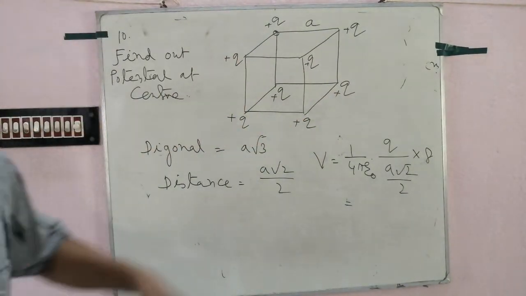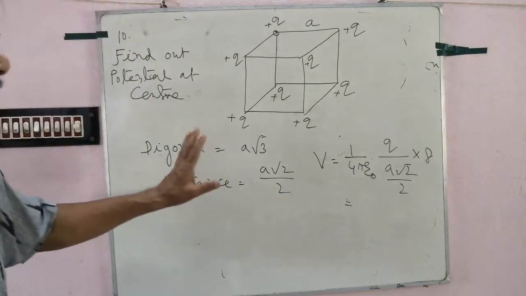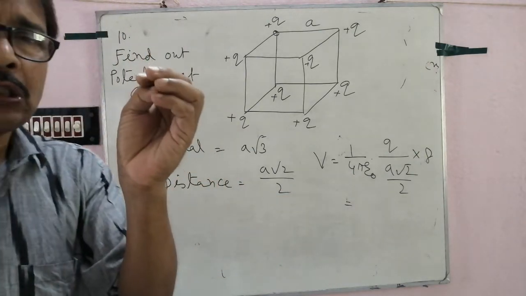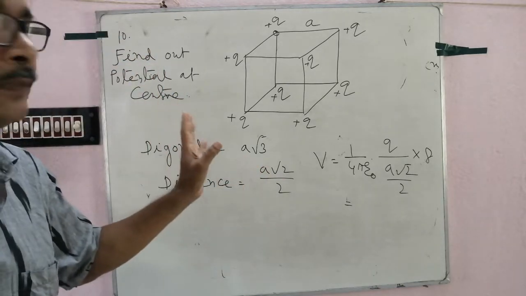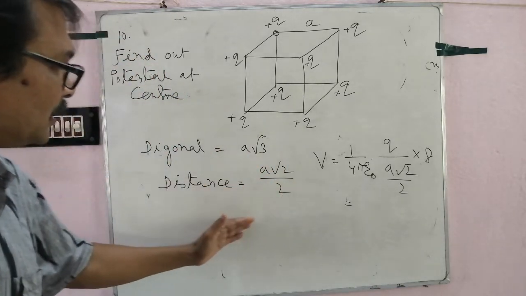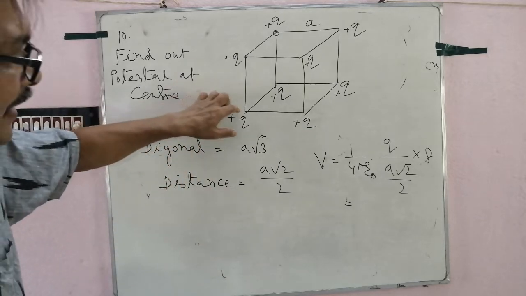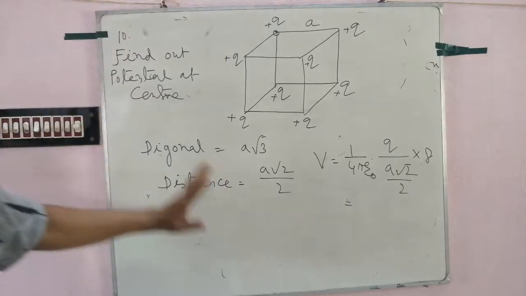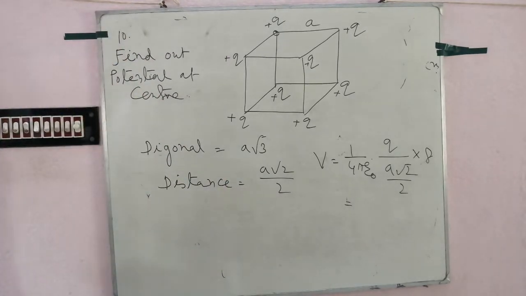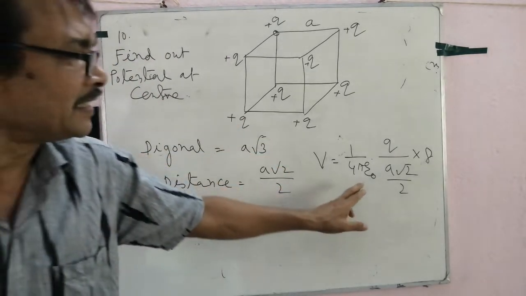You can easily simplify it. We need not mention the direction because potential is a scalar quantity. For one charge potential is q by distance, so 8 charge. Clear? You will get the result. And of course in SI system in vacuum.